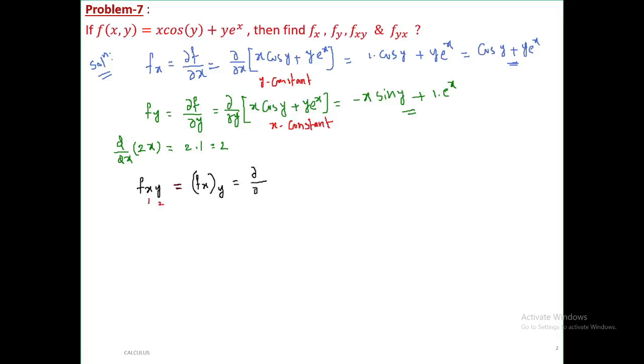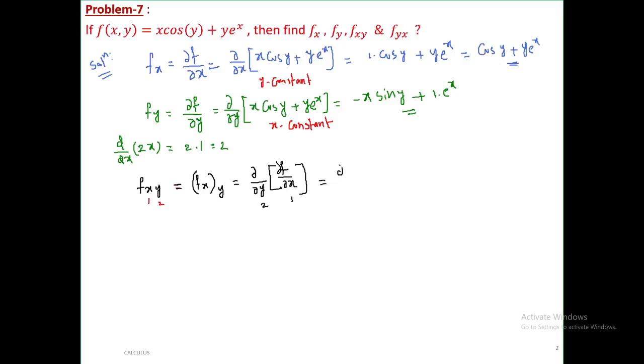Dou by dou y of dou f by dou x, because first with respect to x, second with respect to y. So from right to left you have to move.